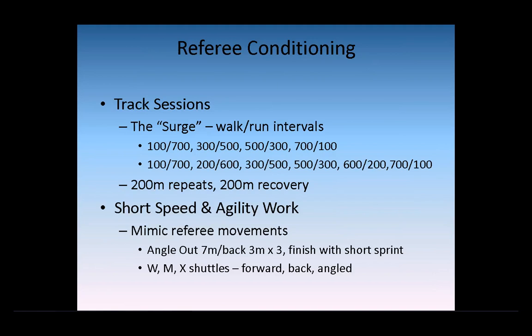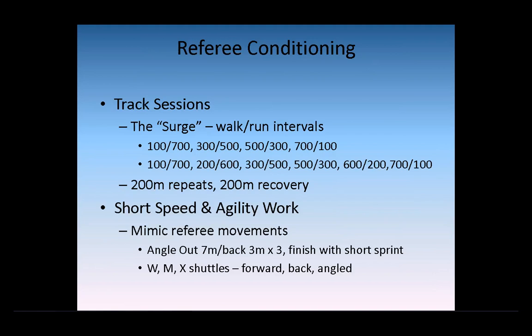The last suggestion is what I call my alphabet soup shuttles, where you take a simple sort of grid pattern that may be no wider than a 5 meter by 5 meter or a 7 meter by 7 meter box. But if you think about what a W or an M looks like, or even an X, referee movements, we move at a lot of different angles, sometimes moving backwards, moving angled backwards, moving side to side shuttles.